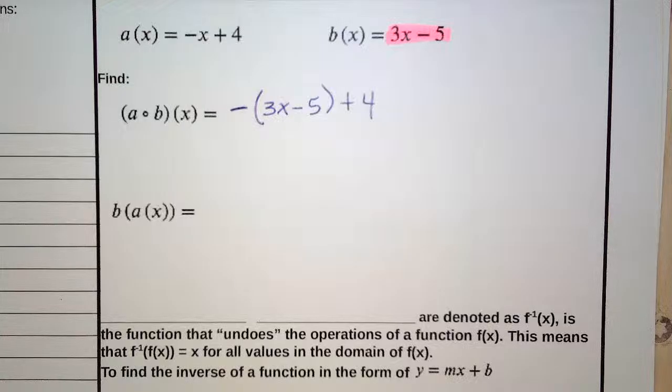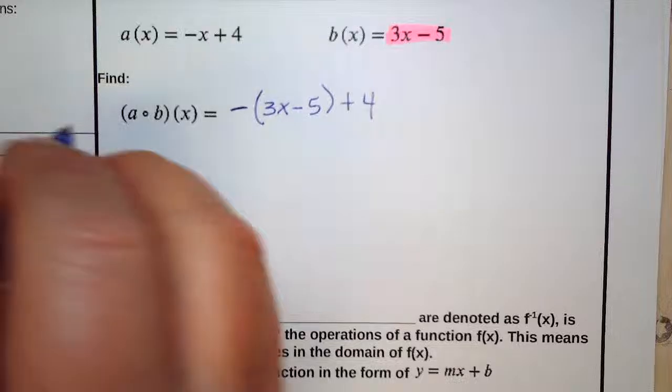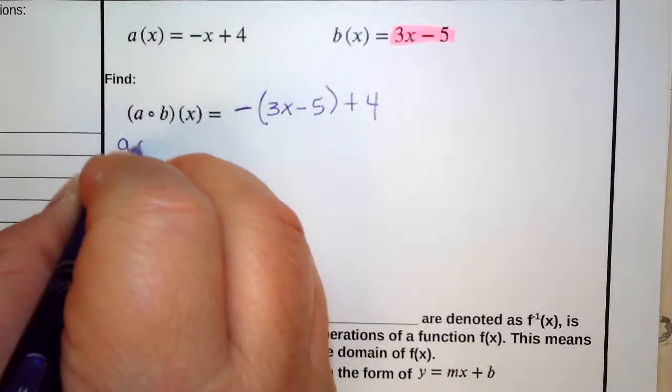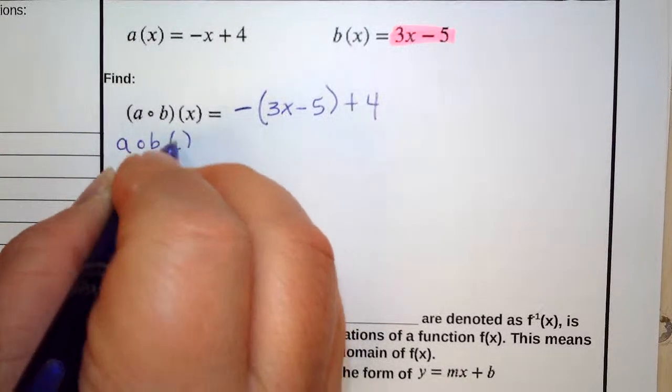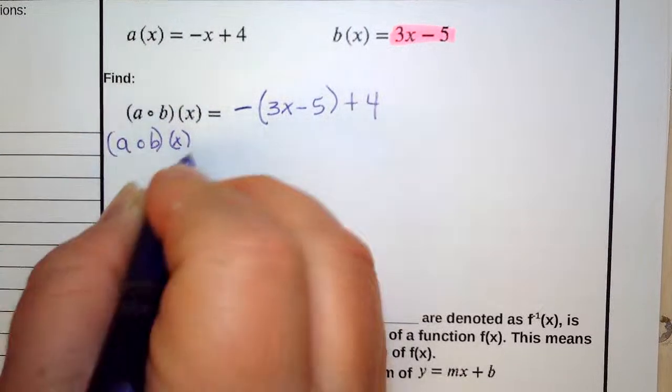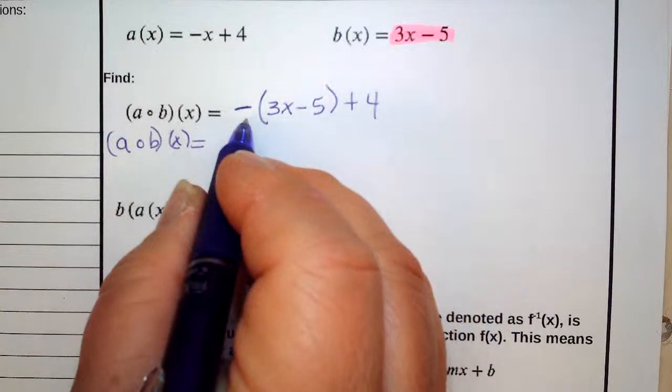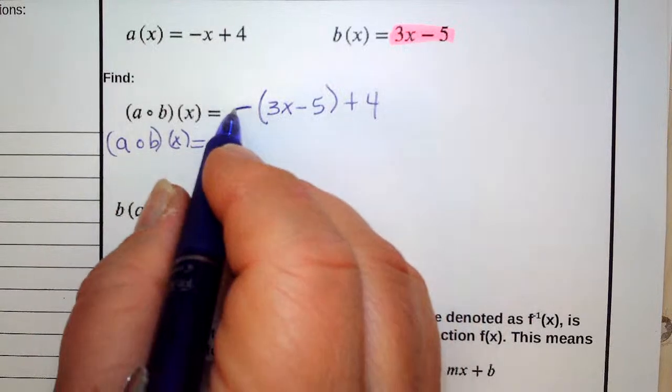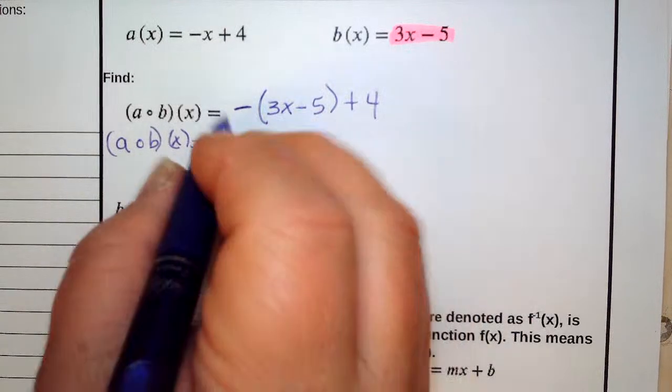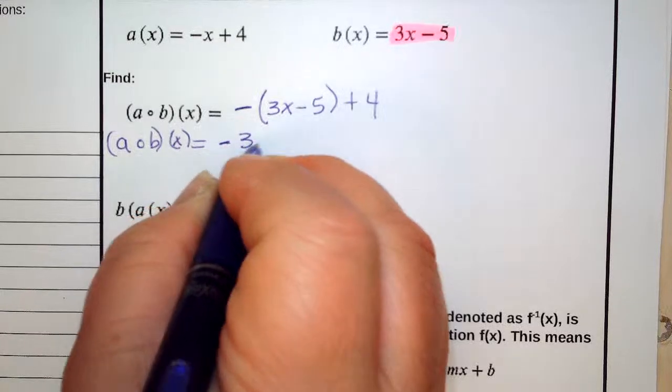Take a minute and look at what we've done. Okay, distribute the negative sign. So the opposite of 3x is -3x.